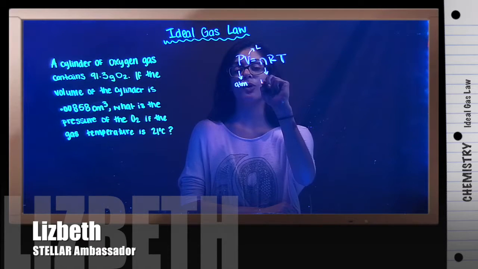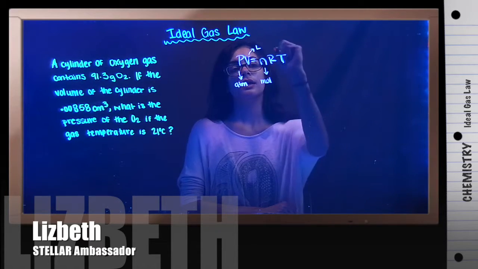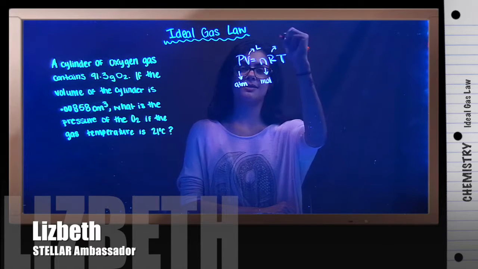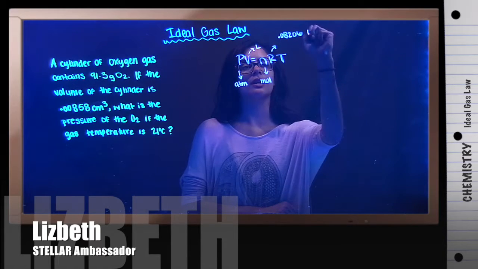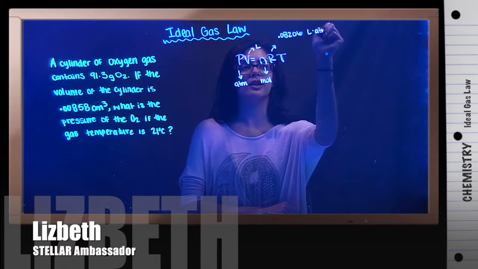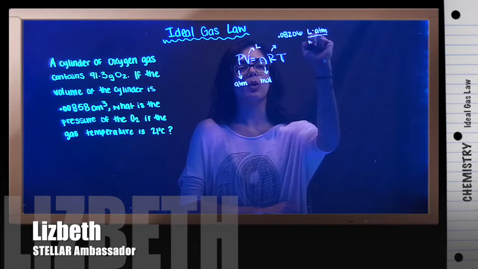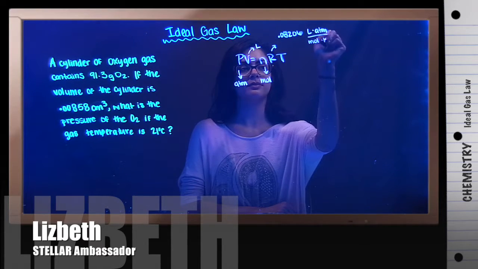This is in moles. This is your R constant. Your R constant is going to be 0.08206, and the units are liters times atmosphere over mole Kelvin.